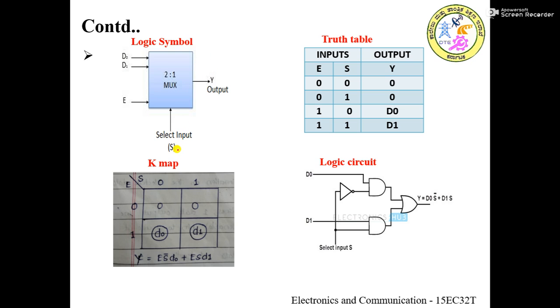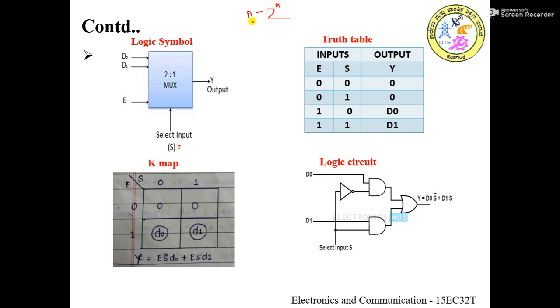Based on the select input here, with a single input I can have two possibilities. As we have seen in the first semester in digital electronics, with n inputs I can have 2 to the power of n different input combinations.